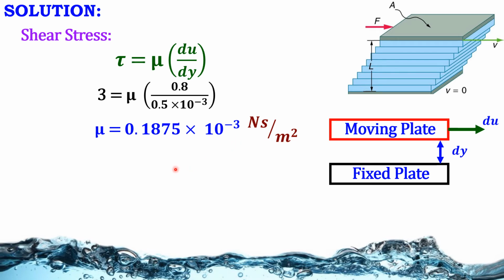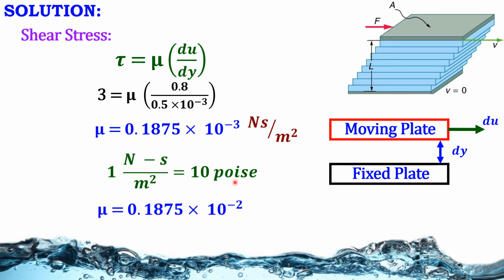They asked us to find the viscosity of fluid in poise. Therefore, 1 Newton second per meter square is equal to 10 poise. So it will be mu is equal to 0.1875 into 10 to the power minus 2 poise, or we can say mu is equal to 1.875 into 10 to the power minus 3 poise.